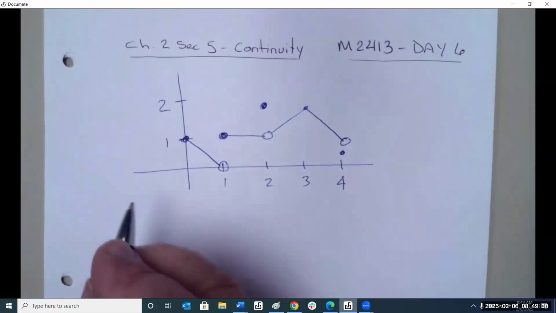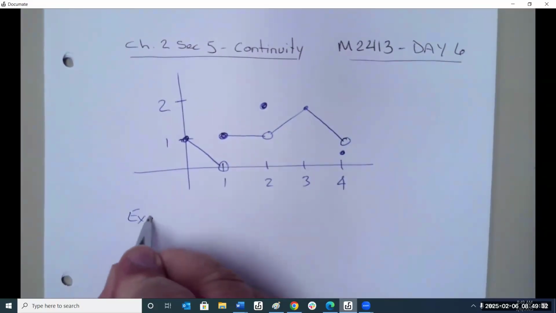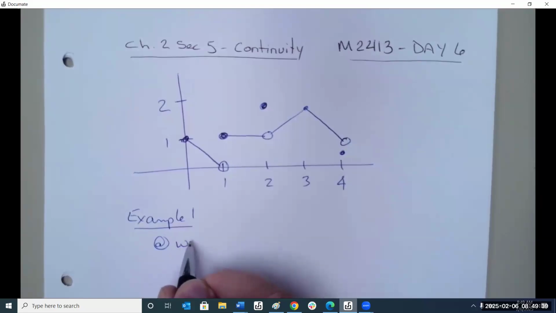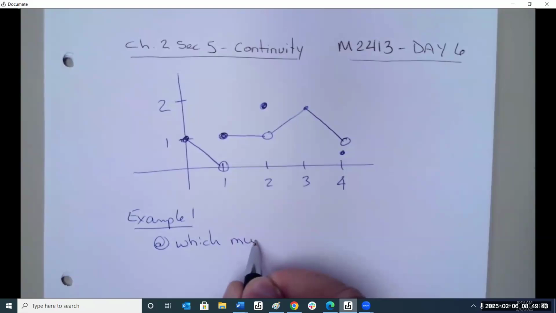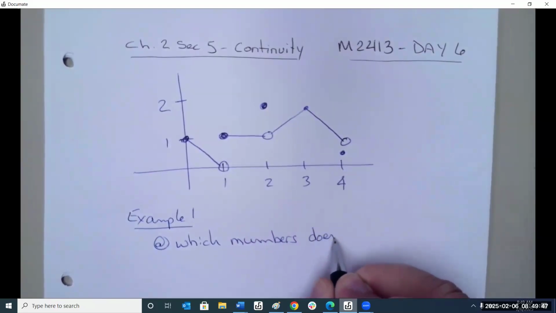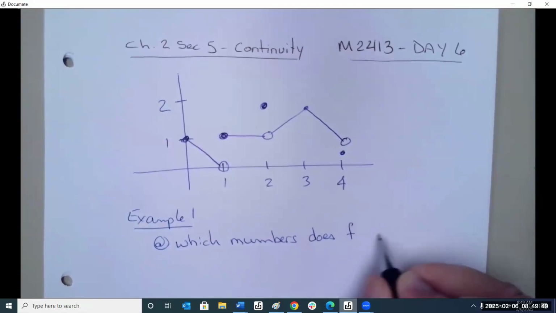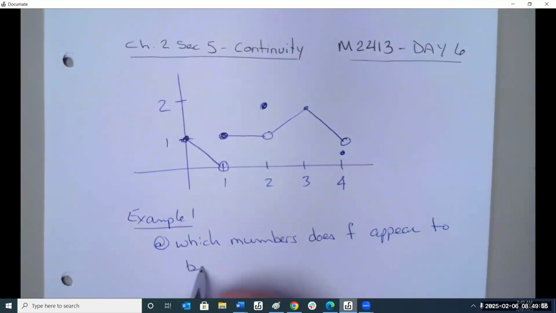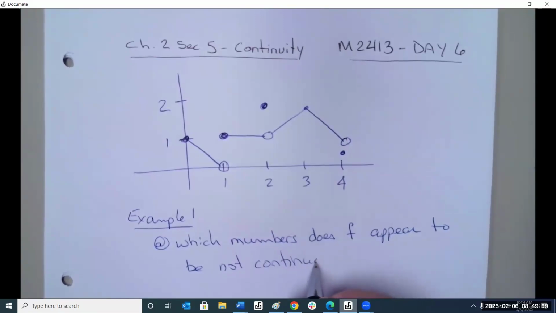So in this example, which numbers does the function appear to be not continuous?